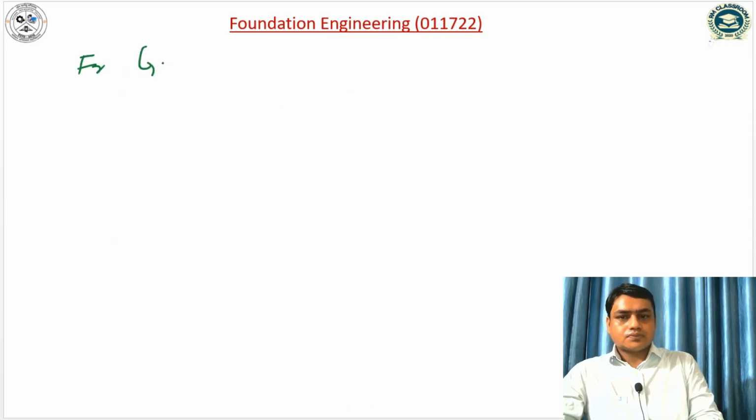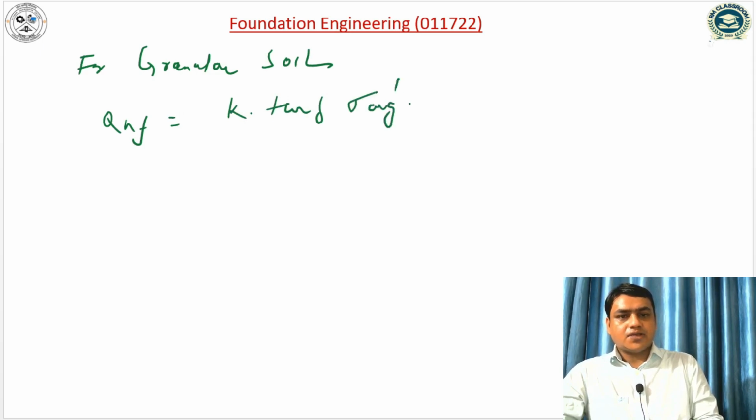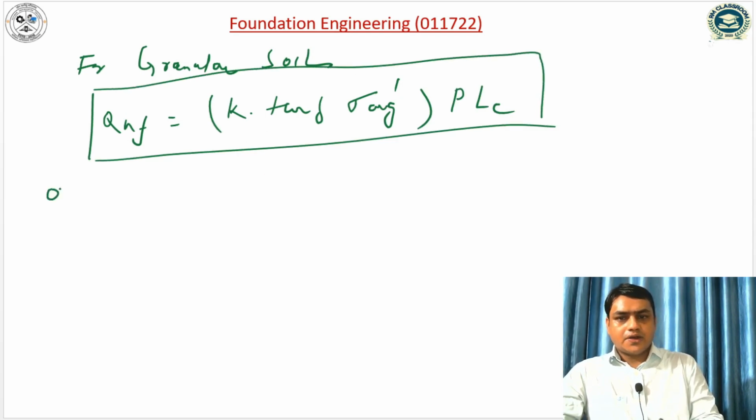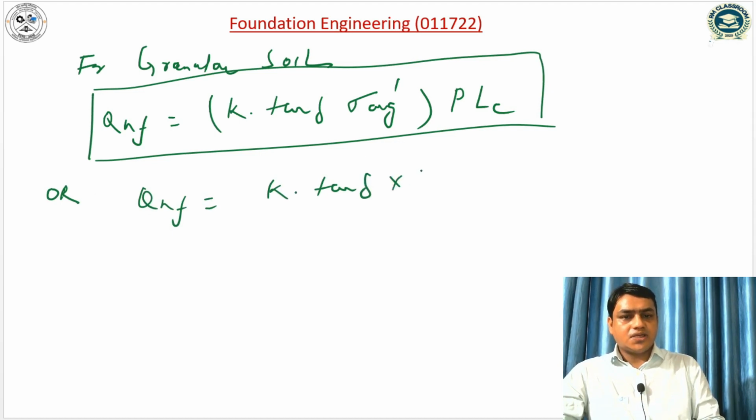Similarly, we can compute for the granular soil. For granular soil, the negative skin friction can be computed as K into tan delta into sigma average dash into perimeter into LC, or we can write QNF is equal to K into tan delta, sigma average dash can be written as gamma into LC by 2, into perimeter into LC.